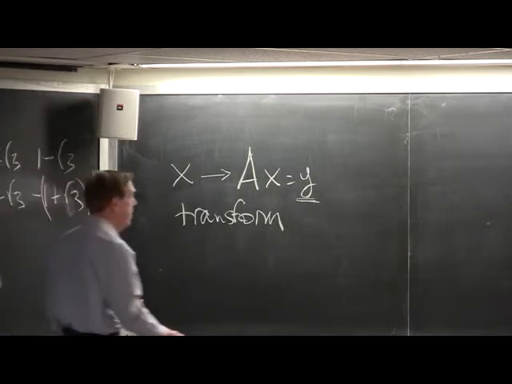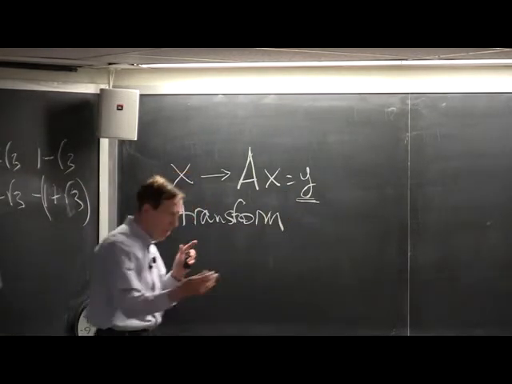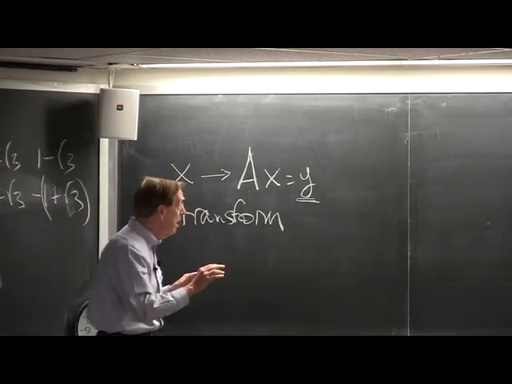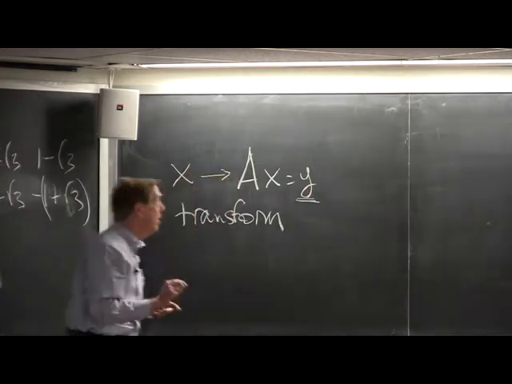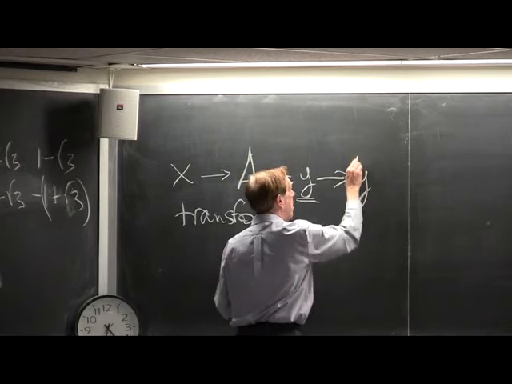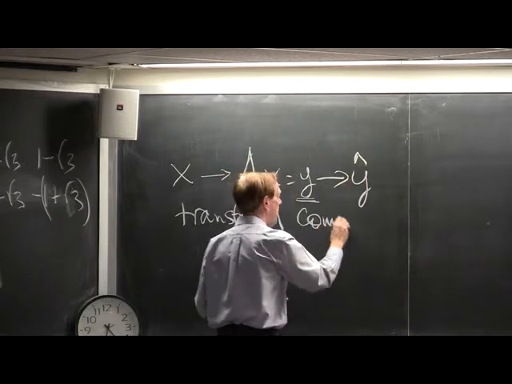You could decide on some compression level and keep the largest components of y, throw all the small ones away. So here's a lossy step. This is the compression step.